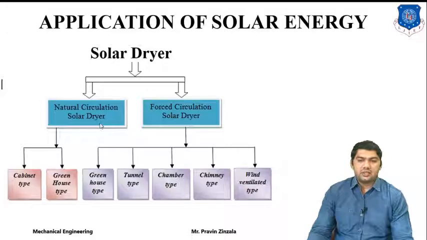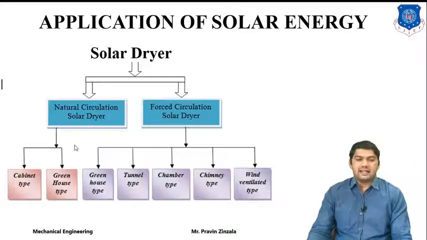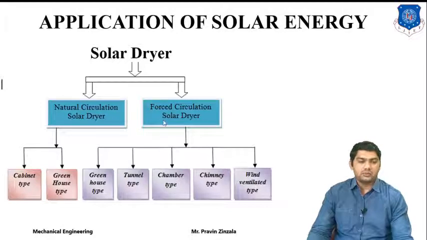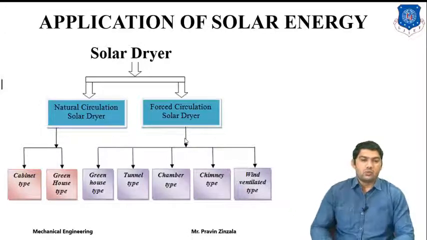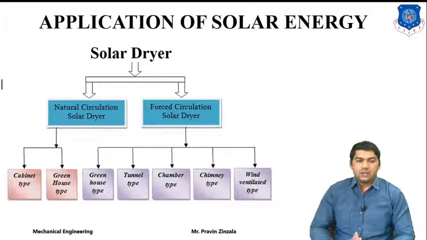of two types: natural circulation solar dryer and forced circulation solar dryer. In the natural circulation solar dryer, we do not provide any extra energy. It is one type of cabin or greenhouse type solar dryer. In forced circulation, if you require mass production, we have to provide forced circulation, meaning we require more mass circulation of air for short-time drying or mass production in drying.